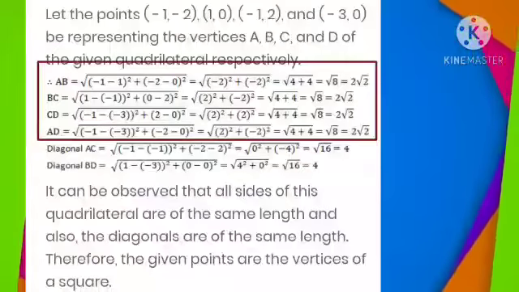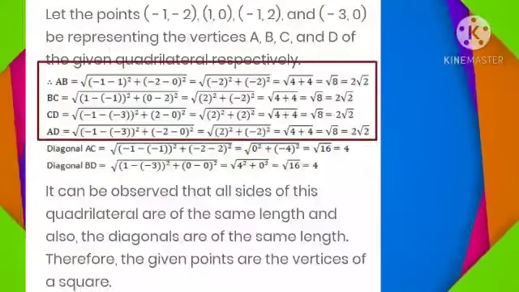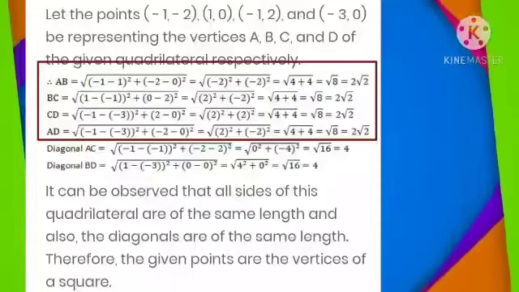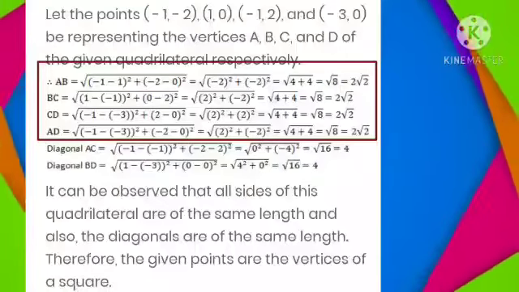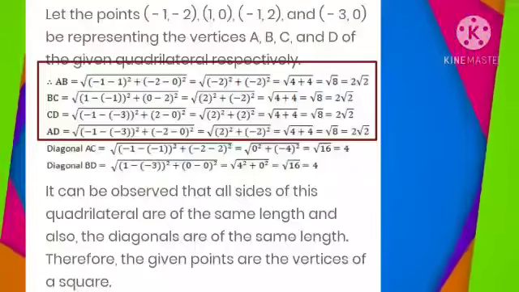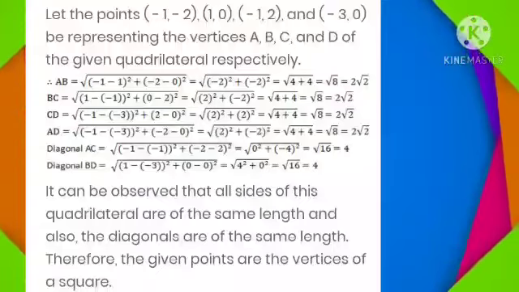As you can see on the screen, the length of AB is 2 root 2 units, the length of BC is 2 root 2 units, the length of CD is also 2 root 2 units, and finally the length of AD also becomes 2 root 2 units. Now dear students, let us calculate the length of the diagonals.